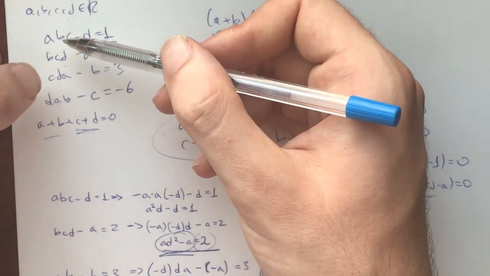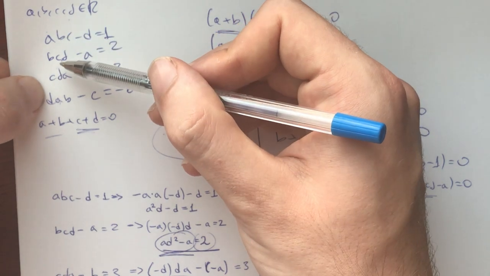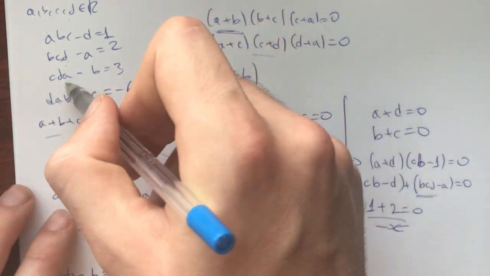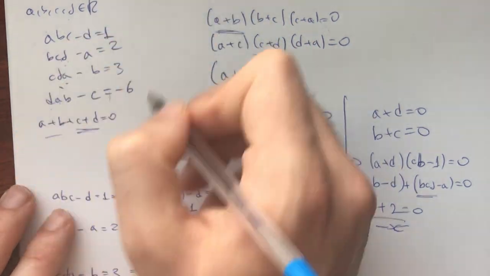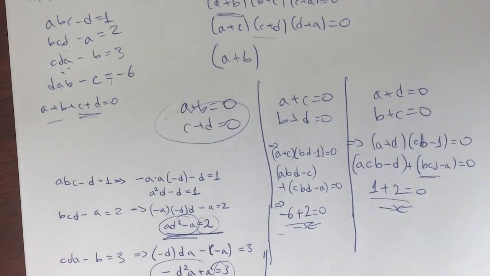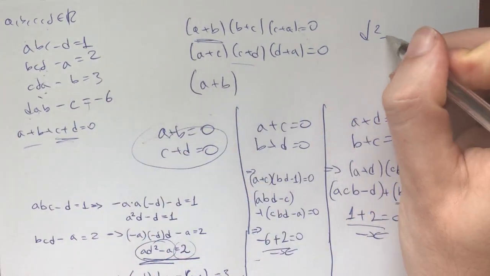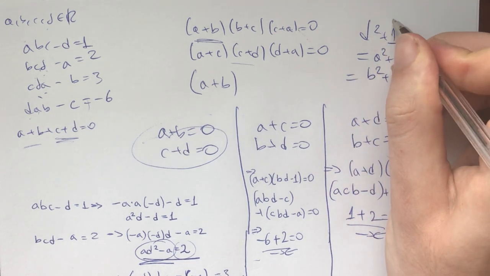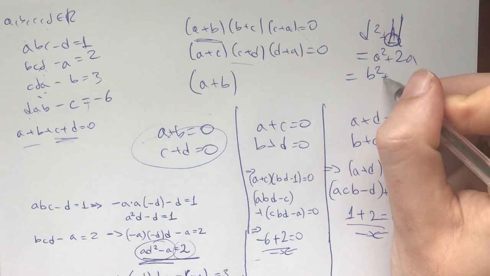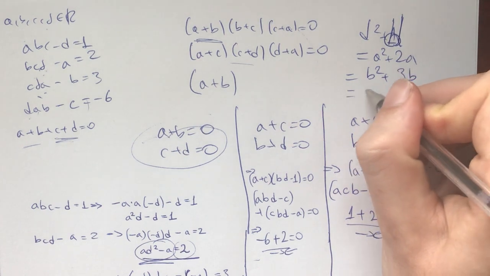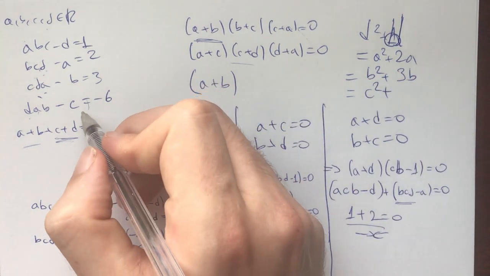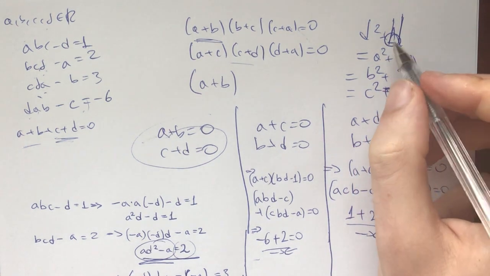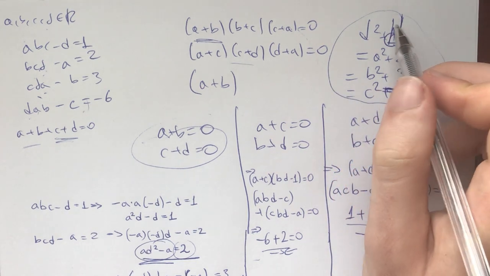Here if you multiply by d, here if you multiply by a, here by b, here by c, and then add them all up, what you get is d squared plus d, a squared plus 2a, b squared plus 3b is equal to c squared minus 6c.